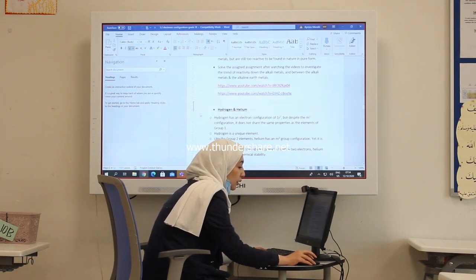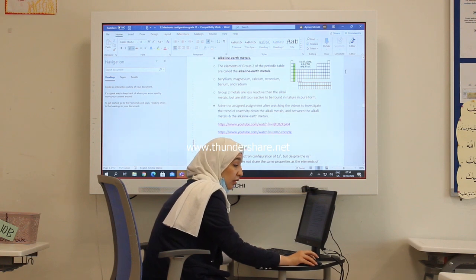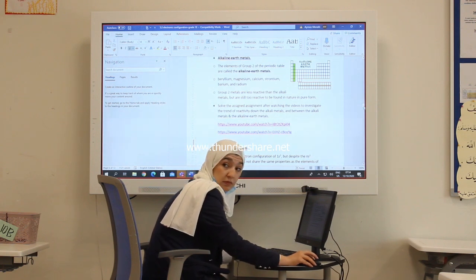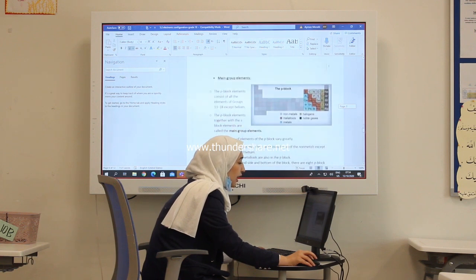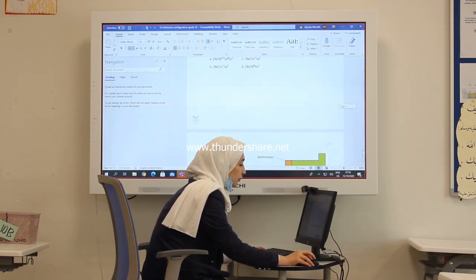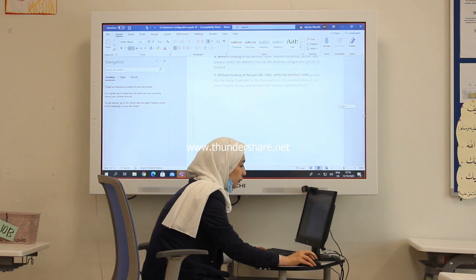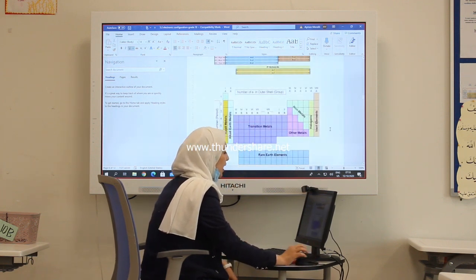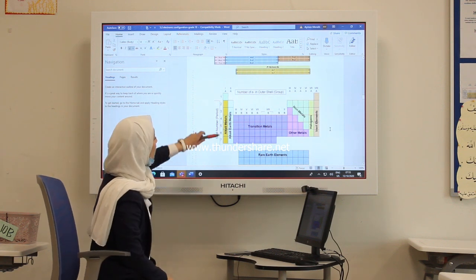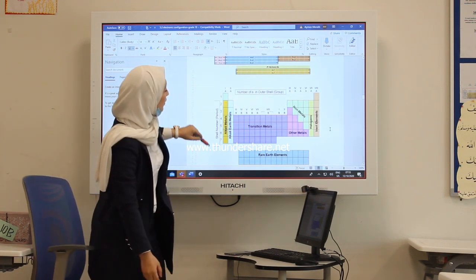You can tell from the name. Here we have the periodic table: alkaline earth metals and alkali metals.